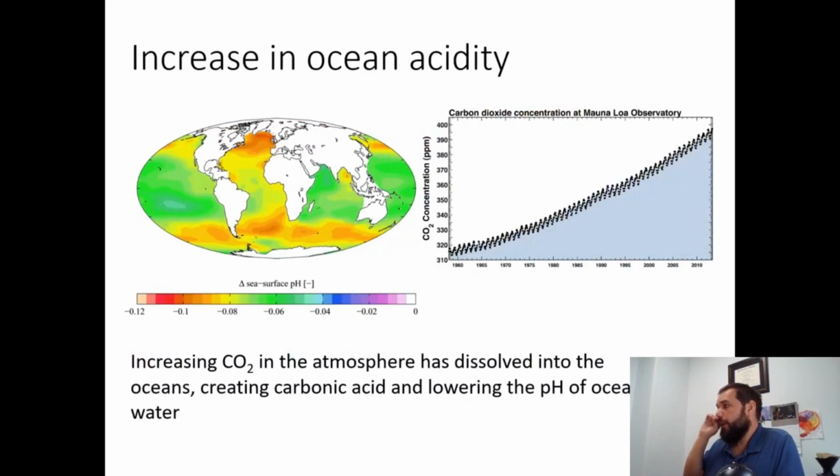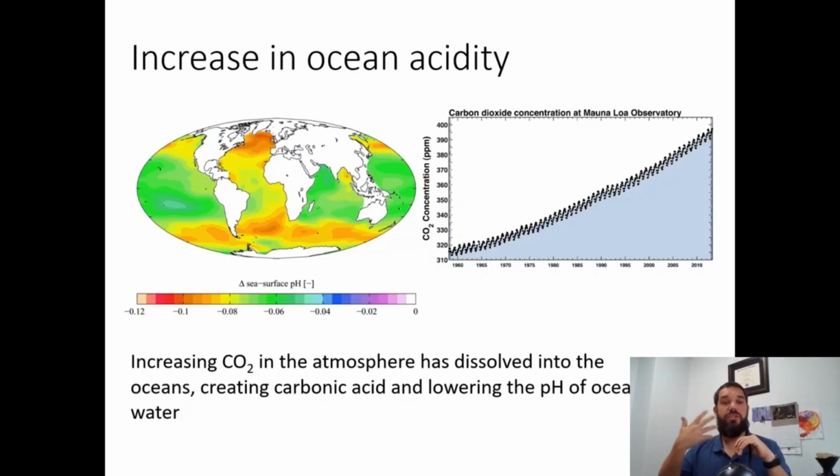Another thing I want to talk about is acidity. We've learned in this class already that as CO2 dissolves into water, it forms carbonic acid. And when carbonic acid forms, it can change the pH of the ocean. Now, things are complicated in the ocean because the ocean is actually acid buffered. There are a lot of things that keep the pH in check, so a lot of CO2 can dissolve into the ocean without changing the pH too much.